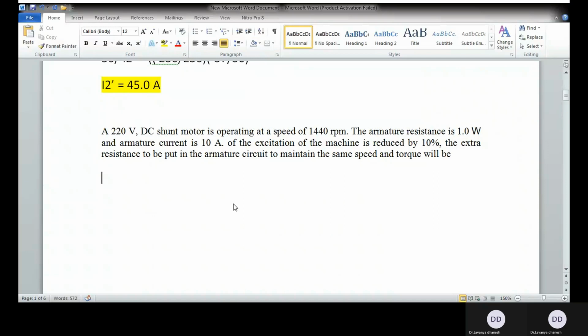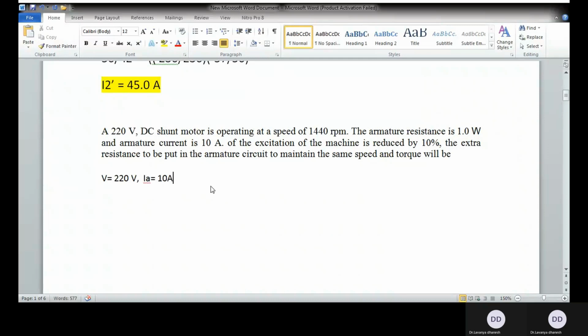So the voltage V is given as 220 volt. The armature current, which I denote as IA, is equal to 10 ampere.